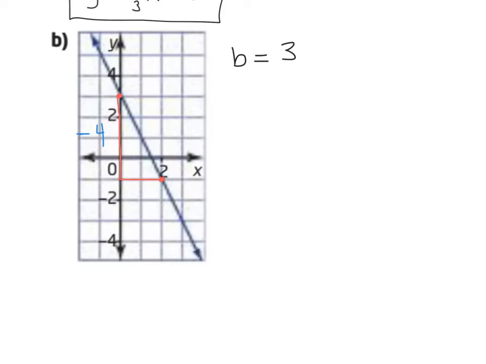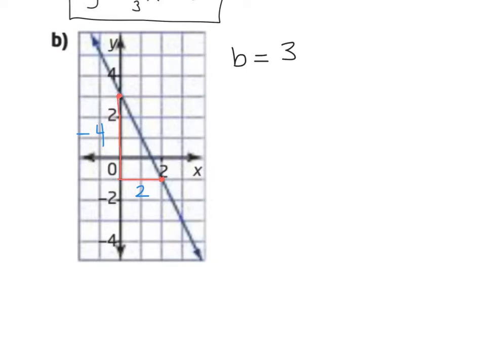Now we can count out the run. Same like before, it doesn't matter which corner you start with. I'm going to start here and count 1, 2. So my run is 2 units. And for the run, same like before, you don't need to assign it as being positive or negative. It's always going to be a positive number.